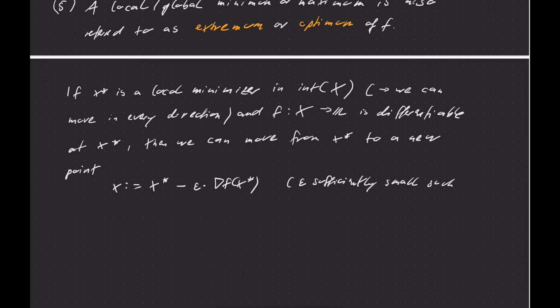And what we mean by sufficiently small is it needs to guarantee that the new x is still contained in the set X, of course. So that this move is actually permissible.